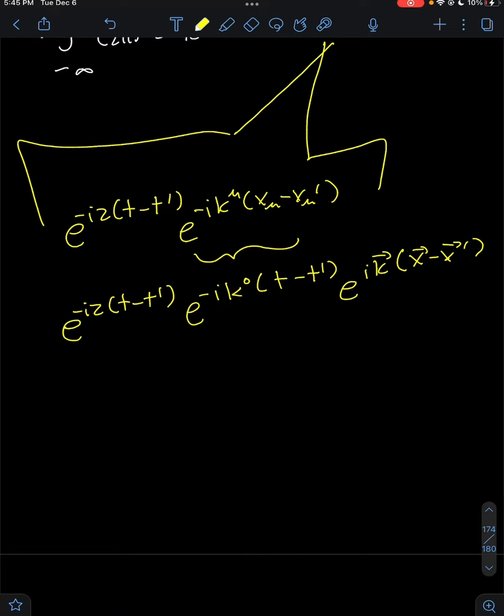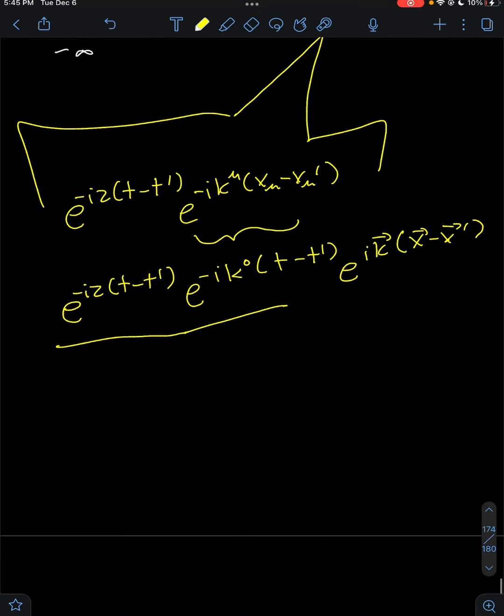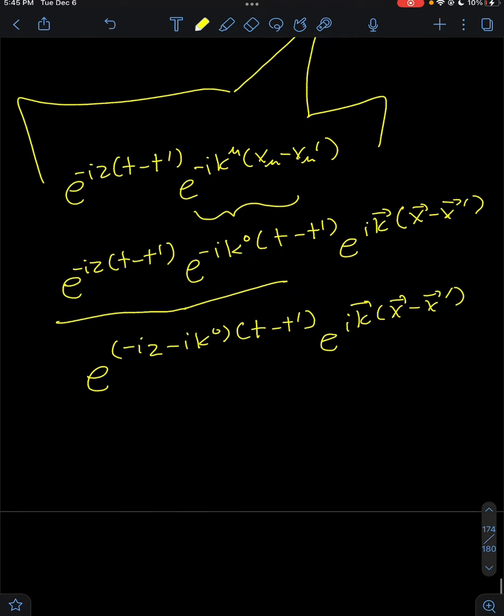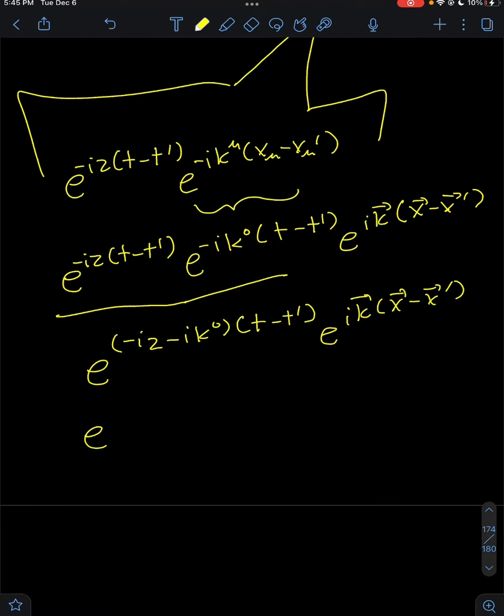And we can say, oh, look, we have similar terms, so we can factor them: e to the minus i (z minus k_0) times (t minus t prime), times e to the i k dot (x minus x prime). We can factor out the minus i, which gives us z plus k_0.